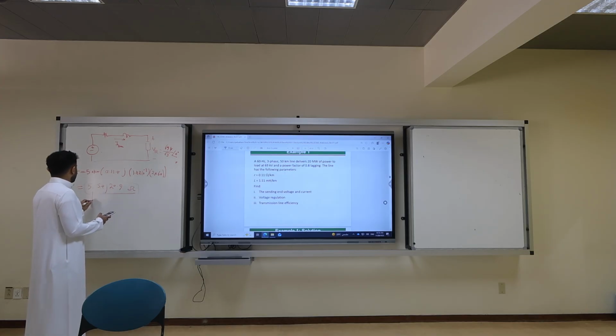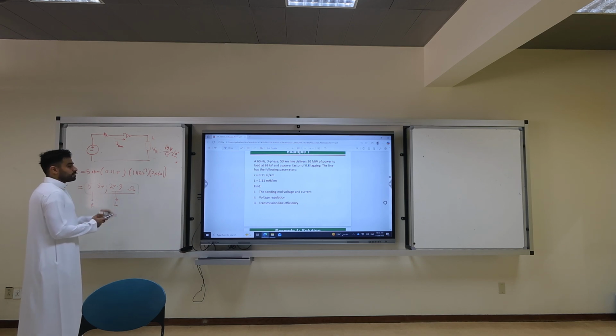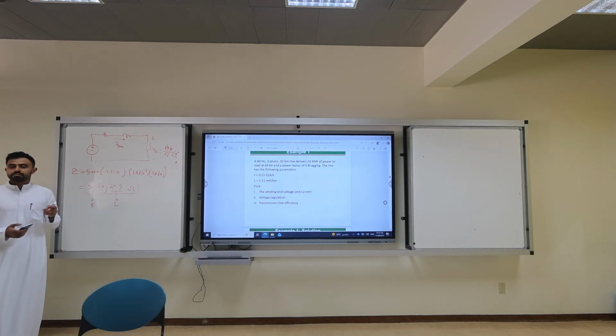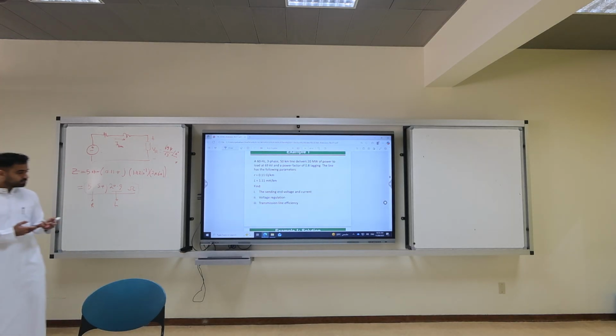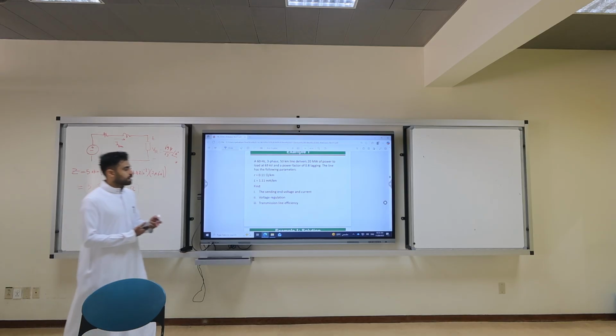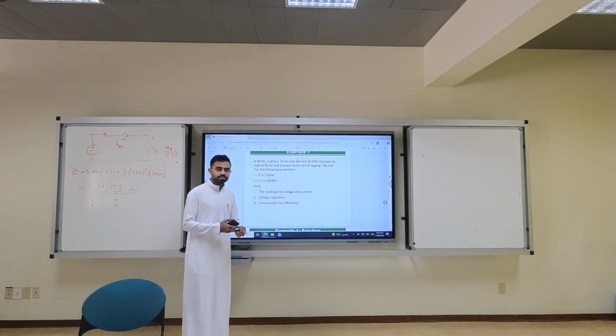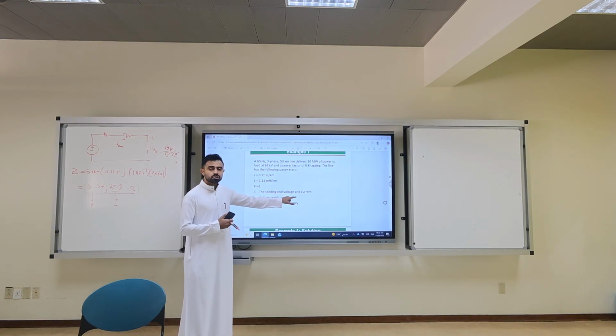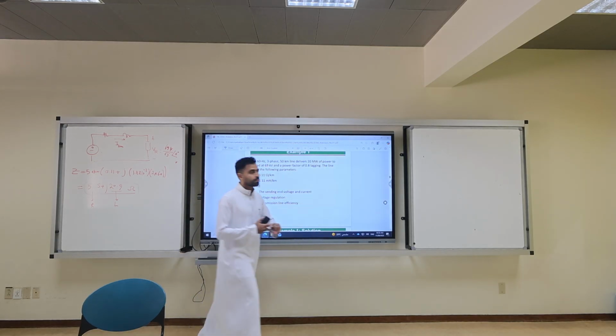So this is R, this is L. Don't forget the millihenry trick. So we calculated every parameter. He wants to calculate the sending end voltage. So let's first get IR.